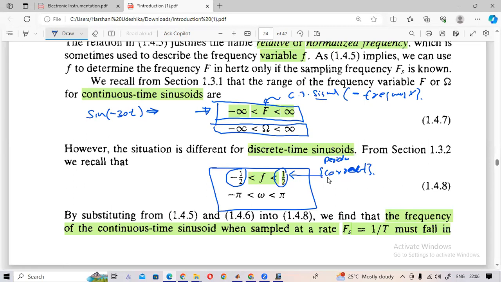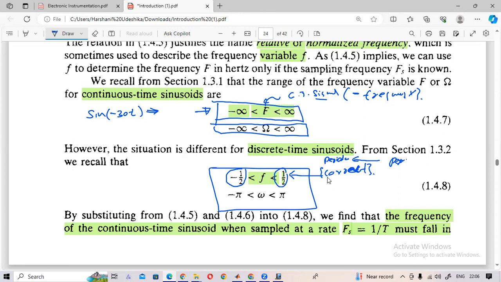How can we verify? If you consider the period, how can we verify it? So what can you say about the period of the continuous time signal? But this is not 100% correct.